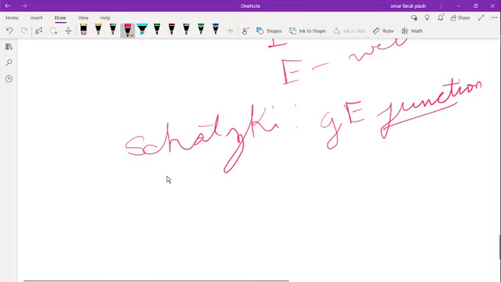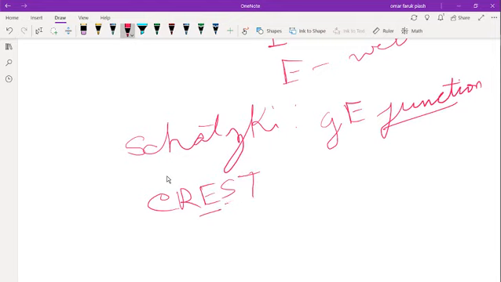And another is sclerodermal esophageal dysmotility. In scleroderma, there is CREST syndrome, that means calcinosis, Raynaud's phenomenon, esophageal dysmotility, sclerodactyly, and telangiectasia. So esophageal dysmotility usually happens in scleroderma.